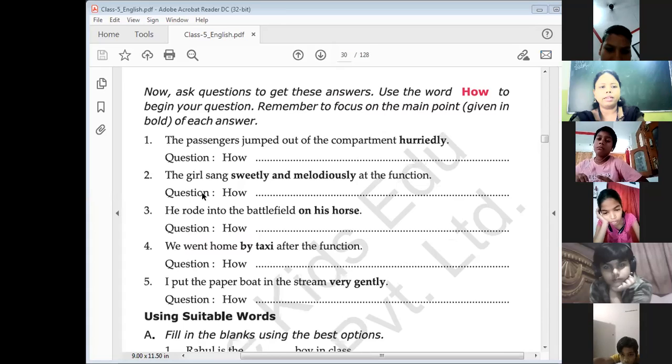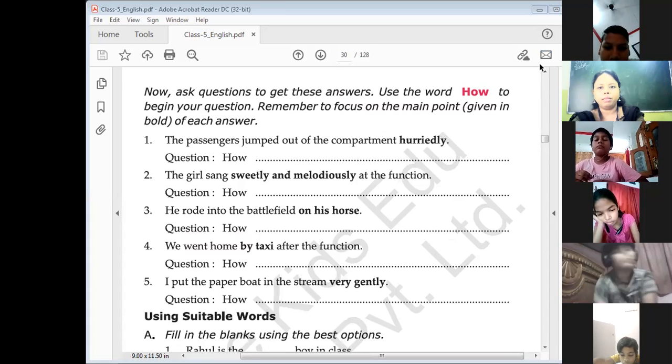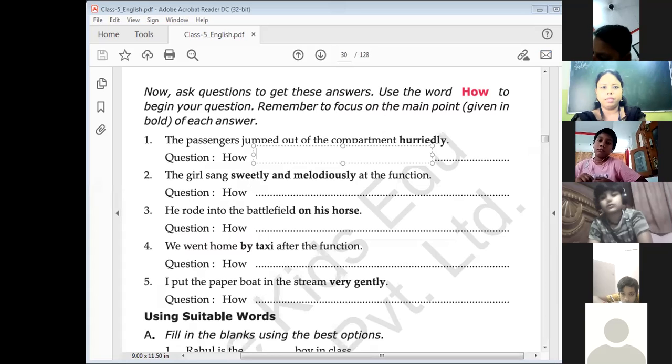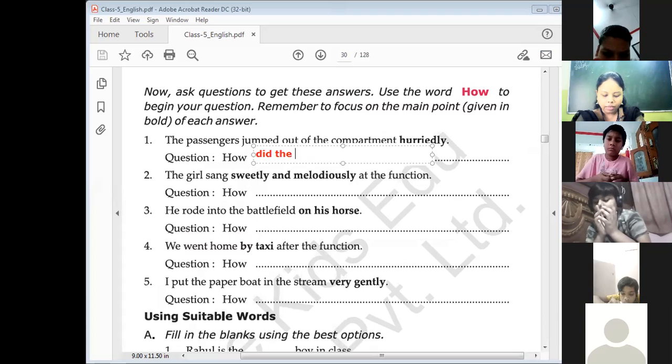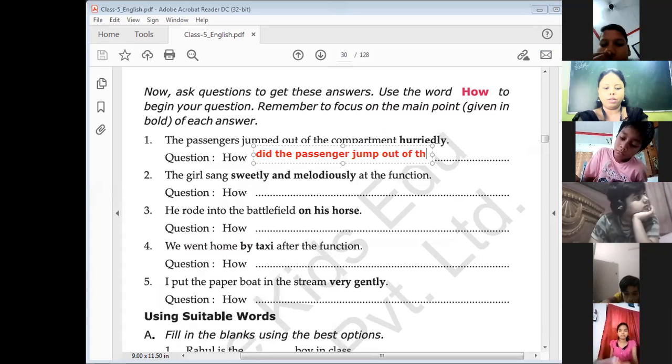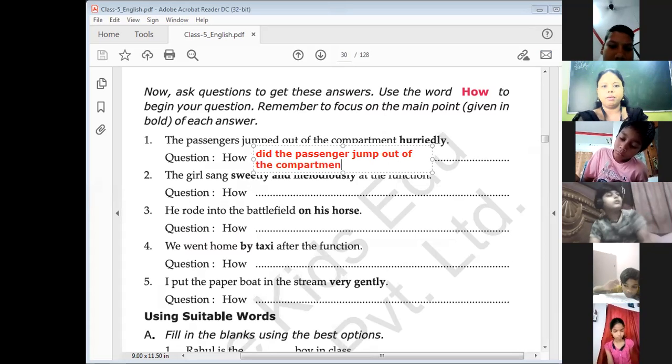Okay, so students, the answer of question number 2 would be, let me tell you. First answer I already told you: How did the passenger jump out of the compartment?